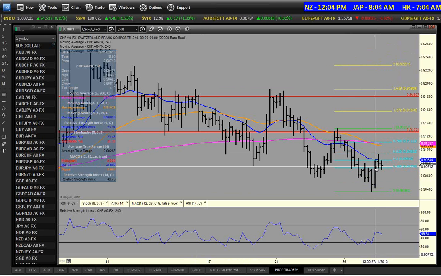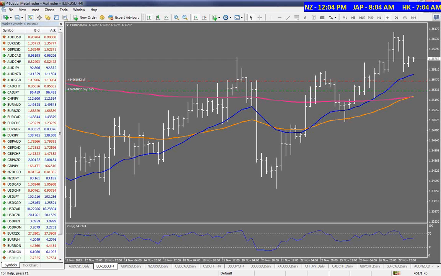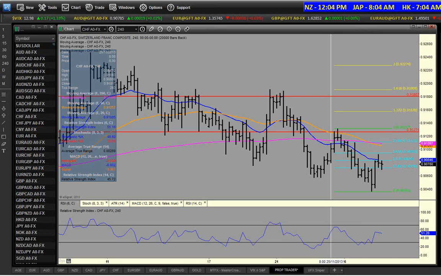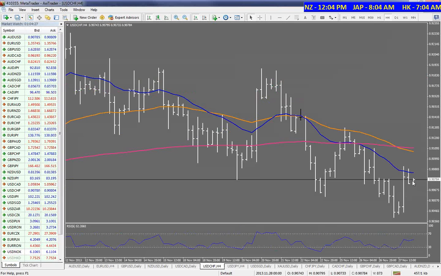The question was about this swing high in eSignal. Because of the timing of it, you might want to go back and look at the video where I showed you how to set the timing of eSignal to match MetaTrader on the 4 hour rollover. Going to the 4 hour here, it's a different setup, but we're seeing the same high and the selling pressure.